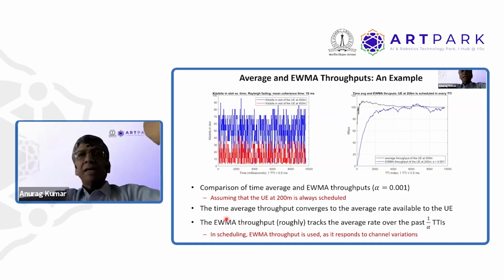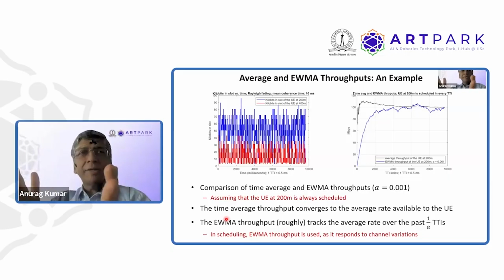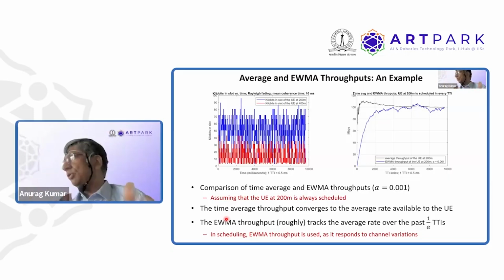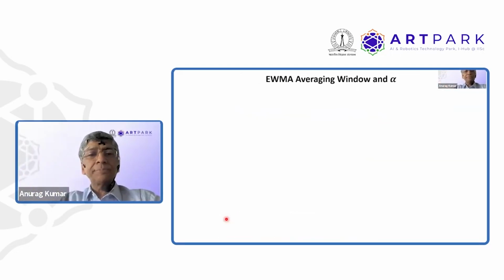Sometime we'll discuss this: the half millisecond that you have in 5G requires a lot of work to be done, all the physical layer work and scheduling work. You want to minimize your compute in the half millisecond. So this is a simple way of averaging over 1,000 slots while not having to keep a register of 1,000 slots. Now let's review the EWMA averaging.